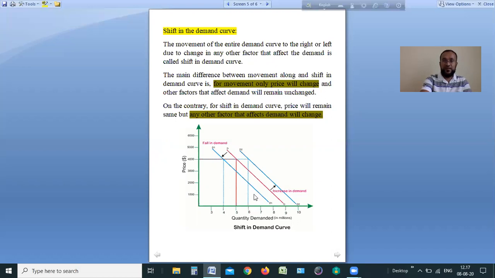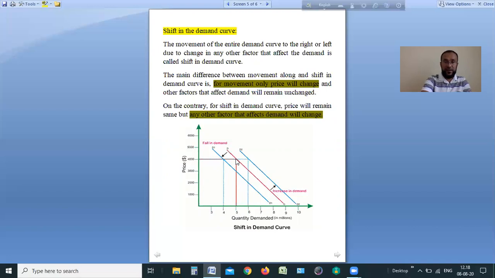Okay, say for example, let us discuss this diagram where we have shown the shift in the demand curve. So this is our initial demand curve, DD. On this demand curve, when price is $4,000 or so, then quantity is 5 million. Okay, so this is our initial situation. We are staying at demand curve D. Now we assume that price is the same. There is no change of price. It is still 4,000.